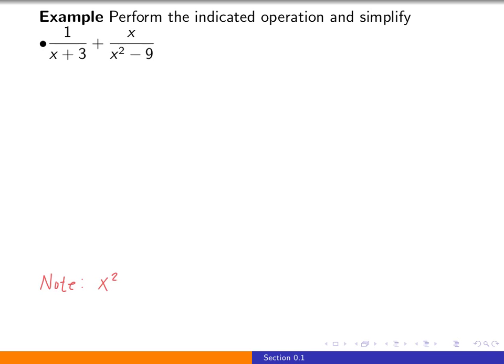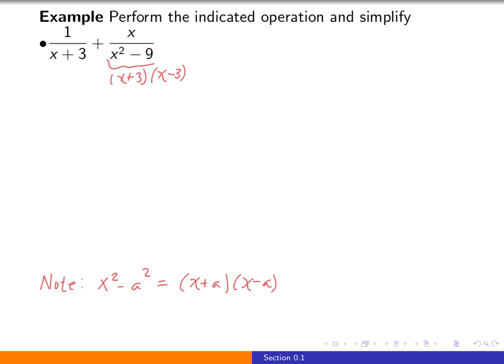If you have x squared minus a squared for some quantity a, you can rewrite this as x plus a times x minus a. So in terms of the above fractions, we note that the denominator of x squared minus 9 is really x plus 3 times x minus 3.